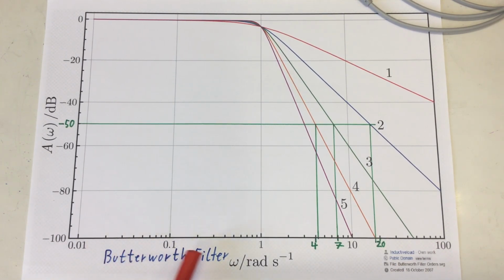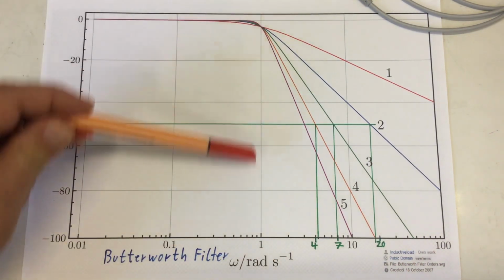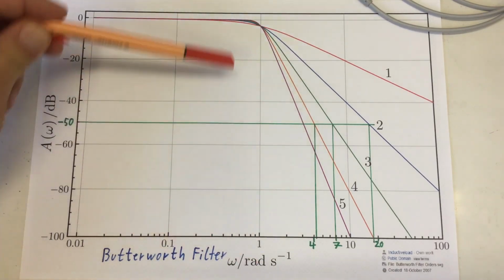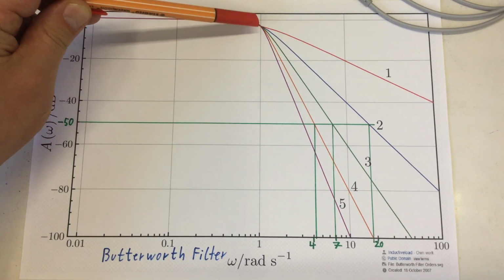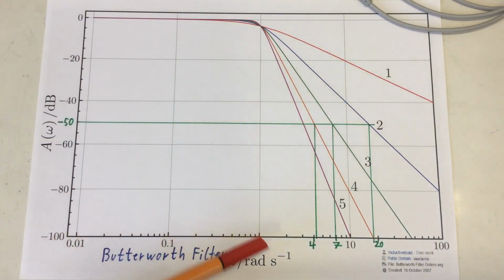On the x-axis, we have the relative frequency, one being the cutoff frequency or corner frequency of our filter, where it's down from 0 to minus 3 dBs, and then 10 times that frequency, 100 times that frequency in that direction, and a tenth of that frequency, and a hundredth of that frequency in that direction.